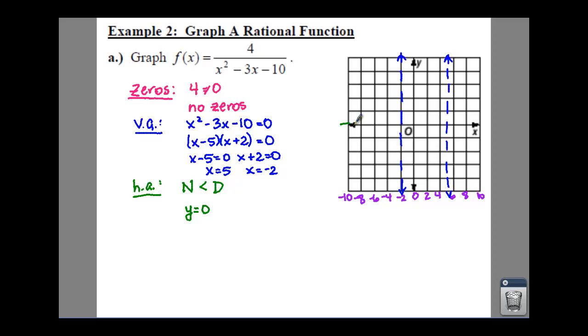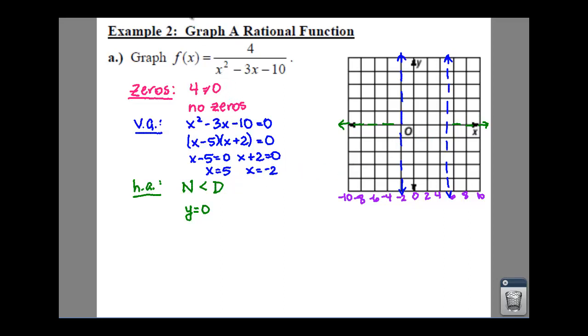You're not going to draw your horizontal asymptote through the middle of 2 vertical asymptotes. It kind of skips over in between your 2 verticals. So now we have our asymptotes. We don't have any zeros, because we have an asymptote.